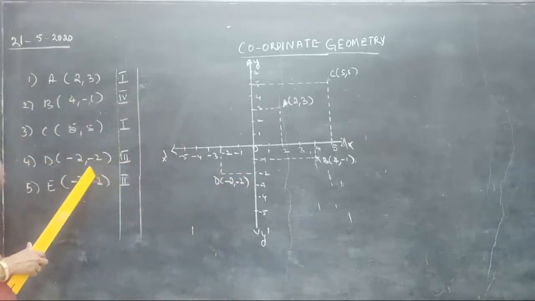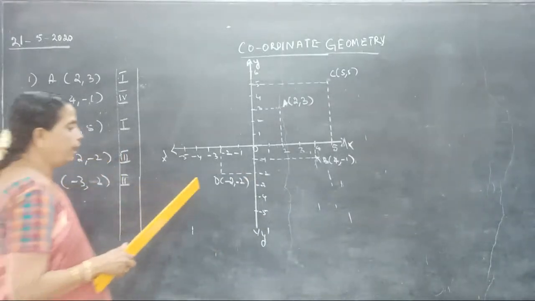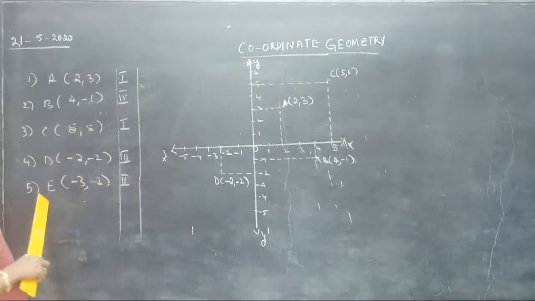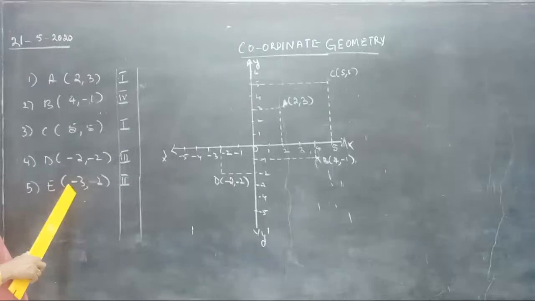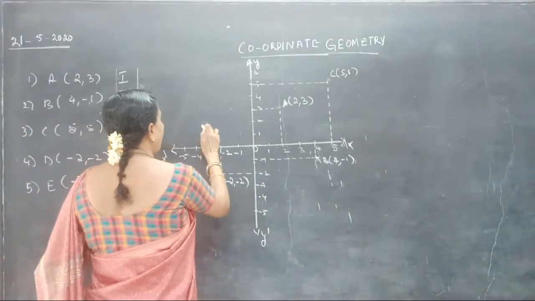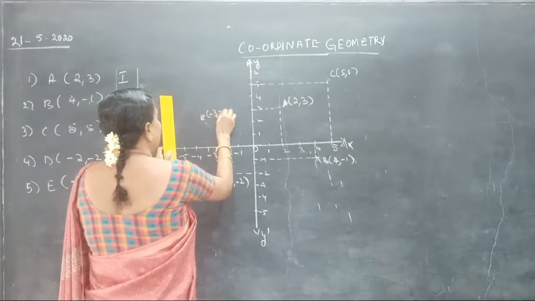As we mentioned earlier, both are negative, so it lies in the third quadrant. Next is point E, minus 3, 2. It should lie in the second quadrant. Minus 3, 2.